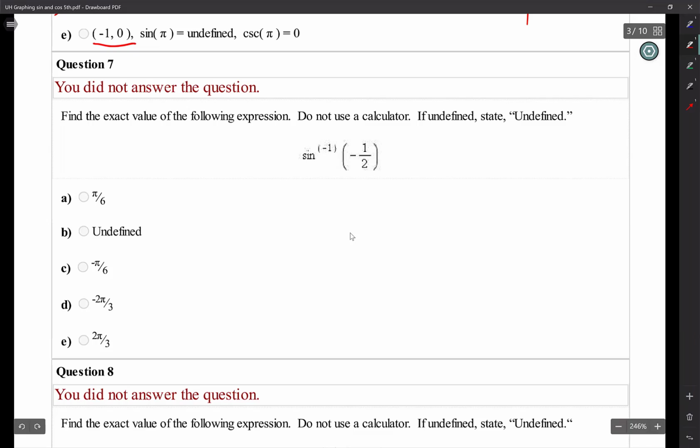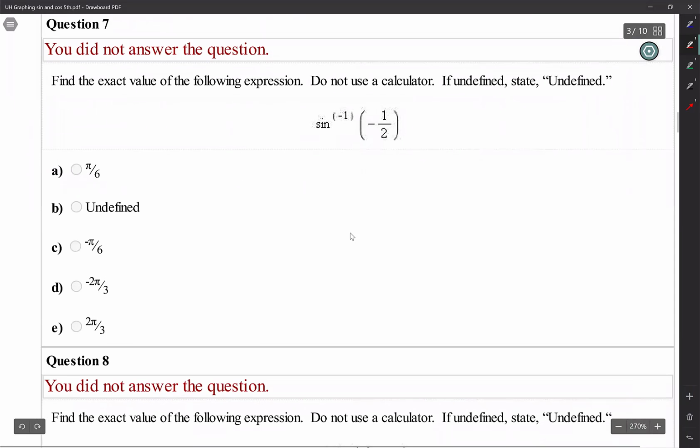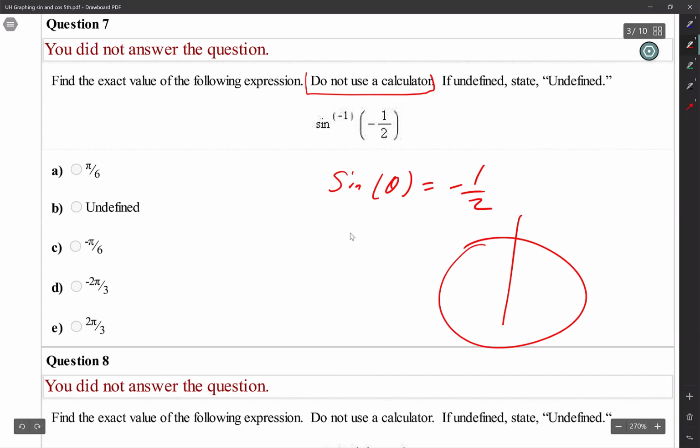All right, perfect. So here we go, guys. On this one, it says find the exact value of the following expression. Do not use a calculator. I'm going to underline the do not use the calculator part. If undefined, state undefined. And it says arc sine, that little negative 1 means arc. Arc sine of negative half. So what that means is sine of some angle equals a negative half. On the unit circle, this is very easy, guys. If you just draw a quick unit circle, your sine is going to be negative half in quadrant 3 and in quadrant 4. Are we still okay?